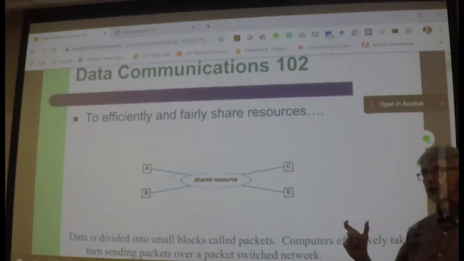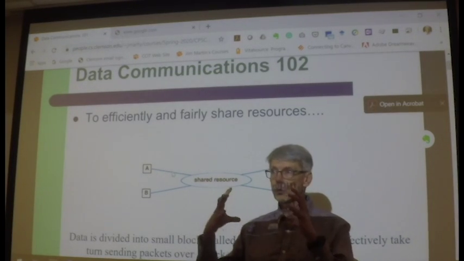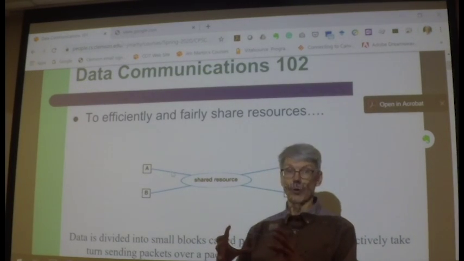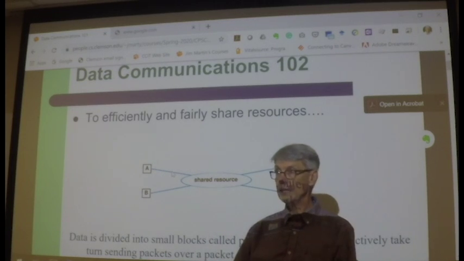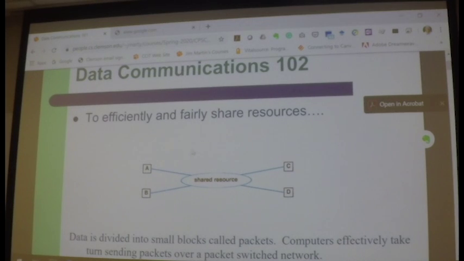So there's the issue of how you fairly share the resources of that network across competing users. The networking protocols at play are part of the design as to how fairness is handled.